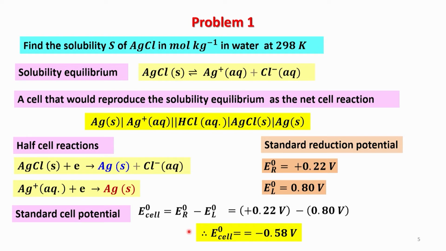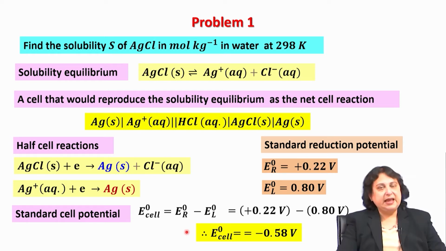Before I proceed, I would like to mention that minus nF E naught cell is related to delta G naught reaction, that is the standard reaction Gibbs energy. So, if E naught cell is negative, that means that the standard reaction Gibbs energy is positive.